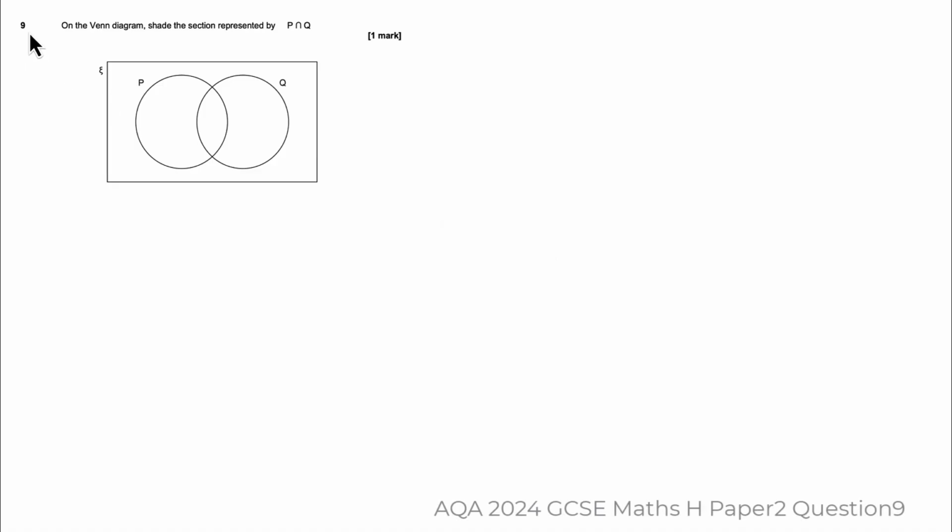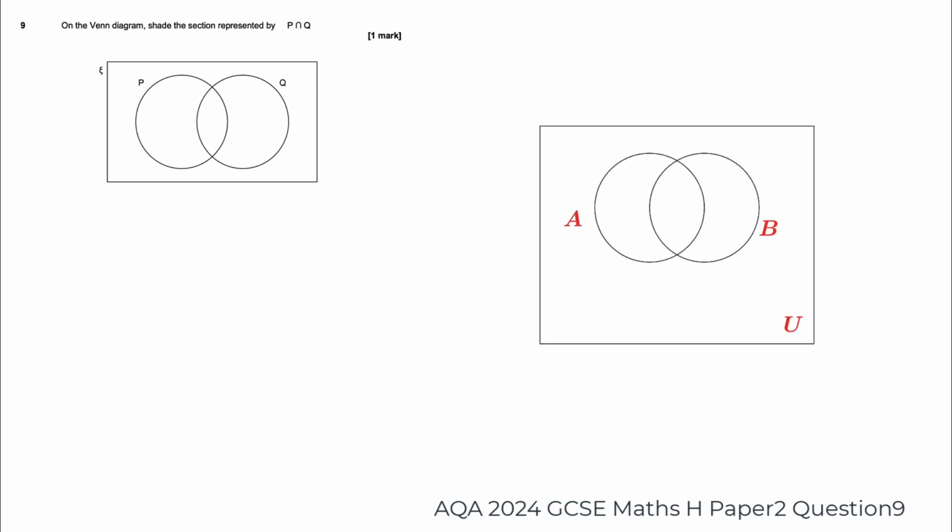So here we have question 9, and we're given this Venn diagram, and we're asked to shade the section represented by this expression. So let's look at what we should know about these Venn diagrams and also set notation. Well, let's just have a quick run through of things that you should know about Venn diagrams.